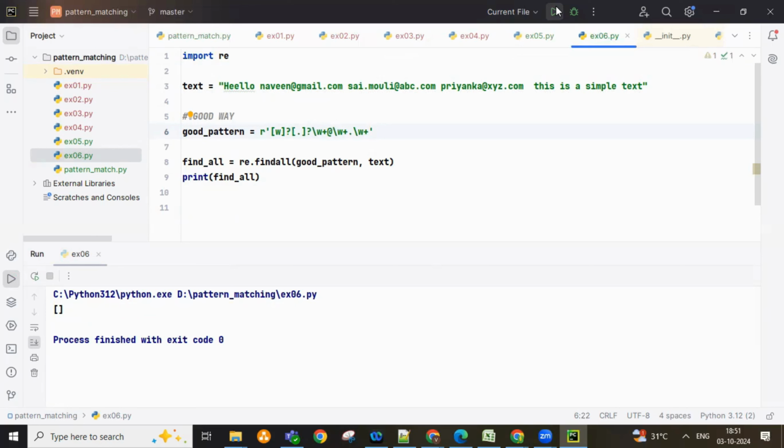If I put a question mark, for example, then it matches with slash W. Oh, my bad. It should be slash W, is it? If I do this, did you see this? It is matching with this. If I do plus now, it is matching with I, right?